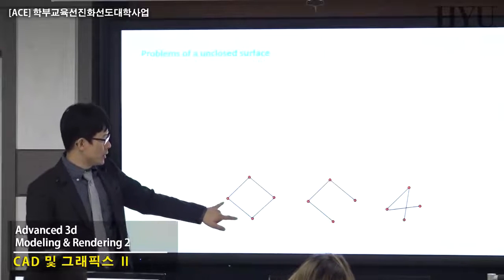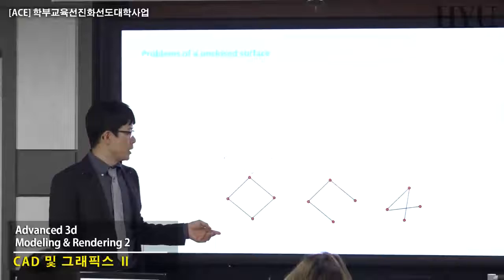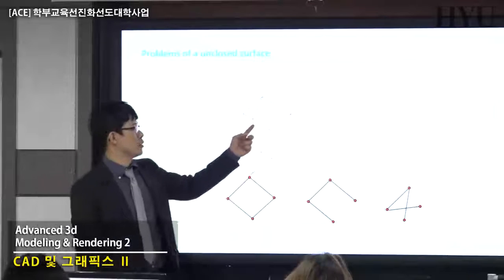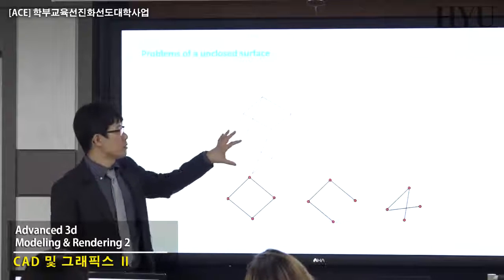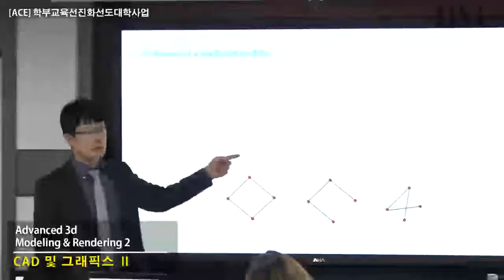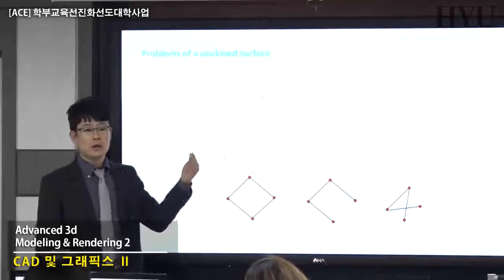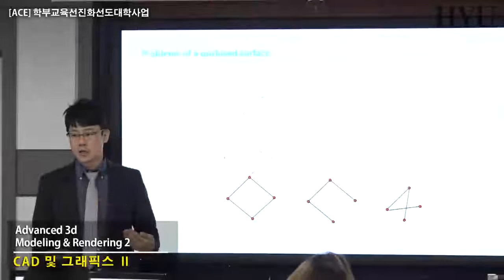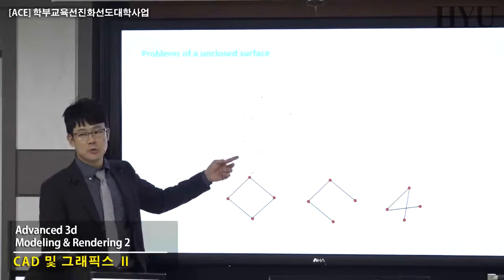But if you draw this one enclosed rectangle shape, and then you can create this kind of 3D object without any problem. Something looking like a real world object, even if it's surface-based model, even if inside is totally hollow. Anyway, in terms of visualization, in terms of visual effect, you can make it real world 3D object.